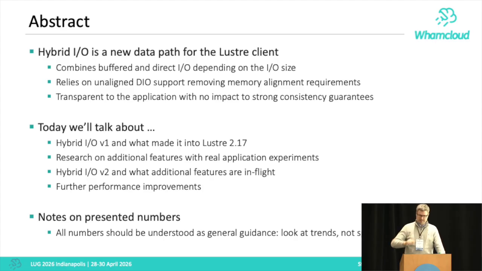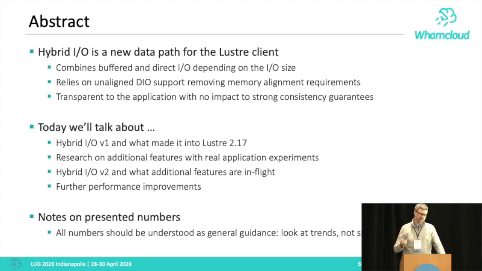What is hybrid I/O v1, or what we consider v1, and what made it into Lustre 2.17. The last time we talked was pretty much 2.16, and then some research happened at the same time while hybrid I/O was developed, that looked into additional features that could be used in the future.